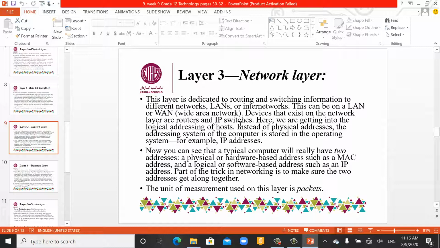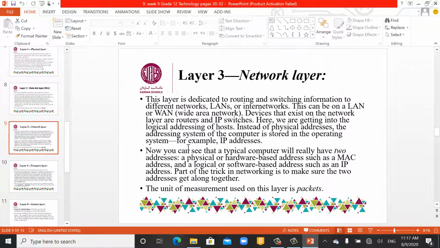When we created a practical lesson, if you remember, we created IP addresses for each switch and for each device. So with these IP addresses, we are getting into the logical addressing of the host instead of physical addressing.